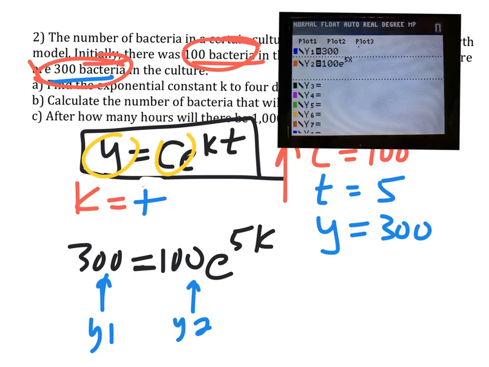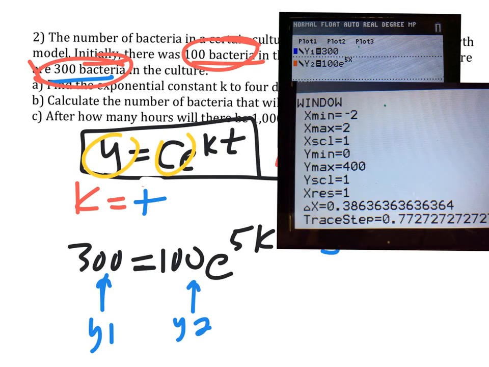So I entered y1 as 300, y2 as 100e to the 5k. And remember, k is always a decimal in between -1 and +1. So I'm setting my x min to be -2 and my x max to be +2 because x is letter k, that's what I'm solving for.